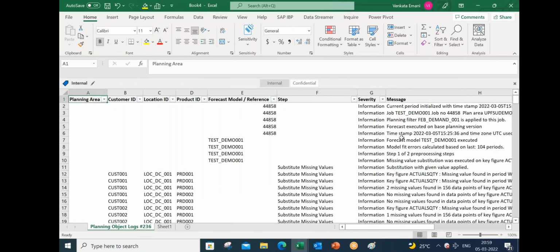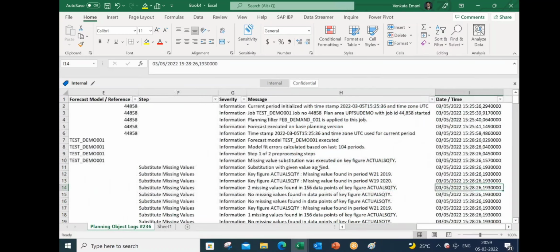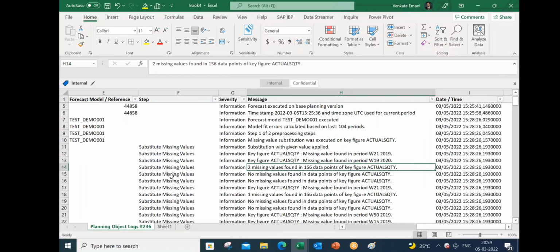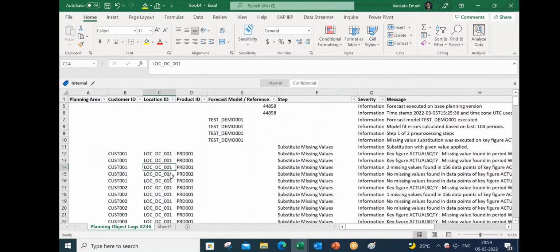See, it is showing a detailed system log. First, we told the system to substitute missing values. The system is telling that 2 missing values were found for one combination, for this customer, this location, this product.